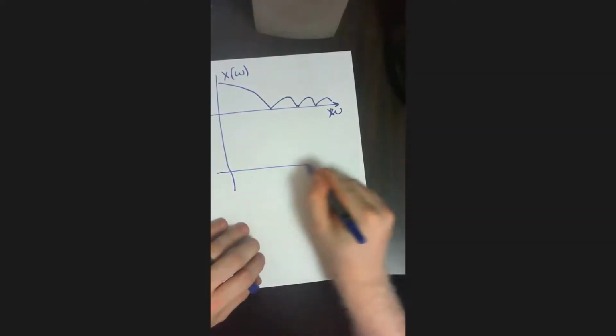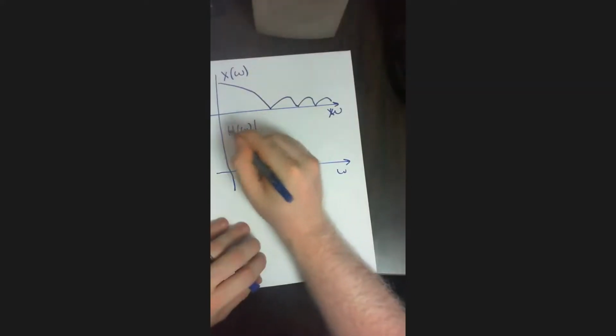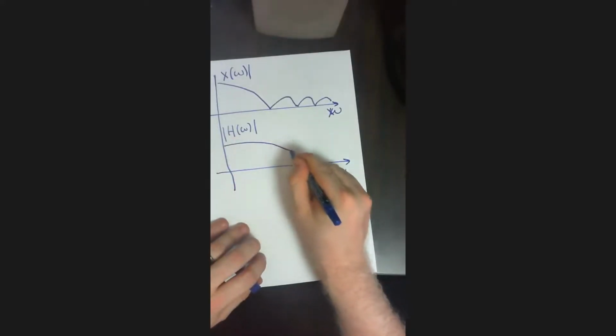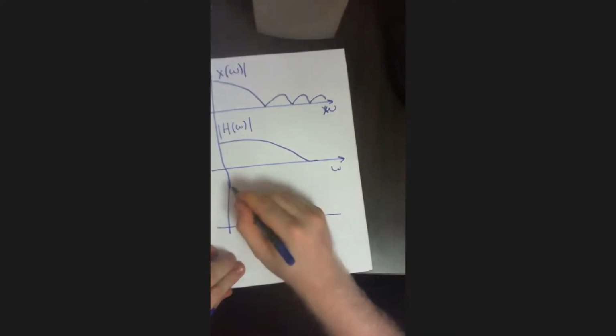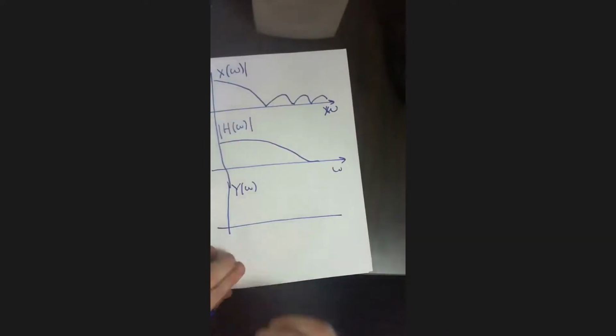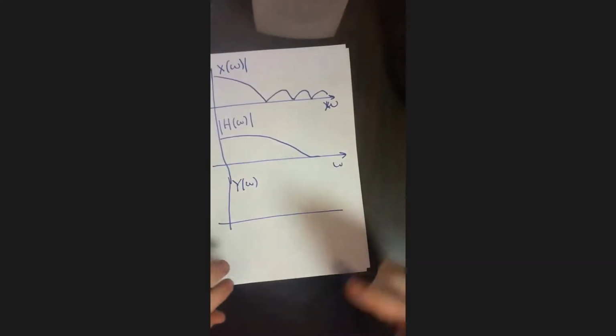And also we know the function H of omega. Again, here I'm plotting the absolute values for these complex functions, which is something like that. As I previously mentioned, Y of omega is simply the multiplication of these signals together.